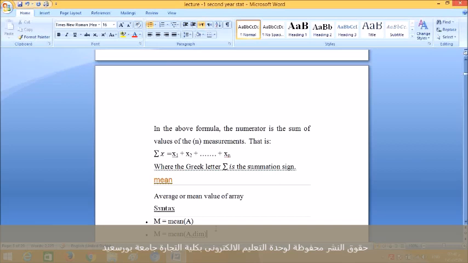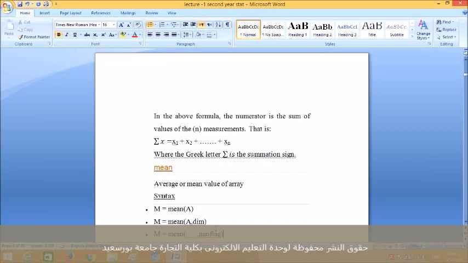When using this function, the syntax may be m equal mean of A, or m equal mean of A and dim, or mean of A and nanflag. We will explain the meaning of nanflag later.